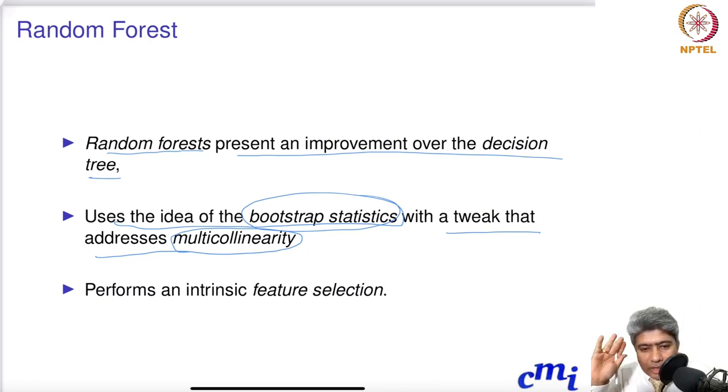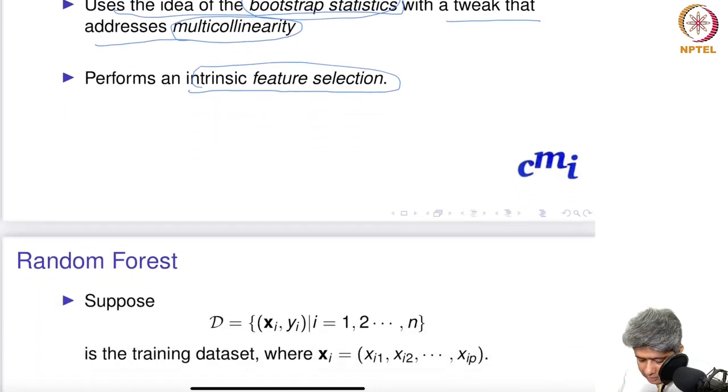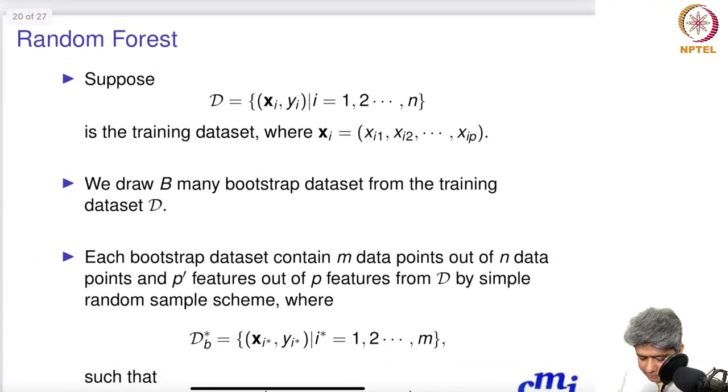The way the algorithm is structured, it automatically takes care of the multicollinearity issue. It also performs an intrinsic feature selection automatically. Let us see what it does.